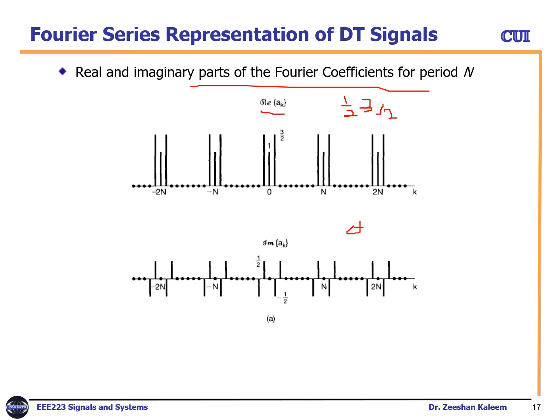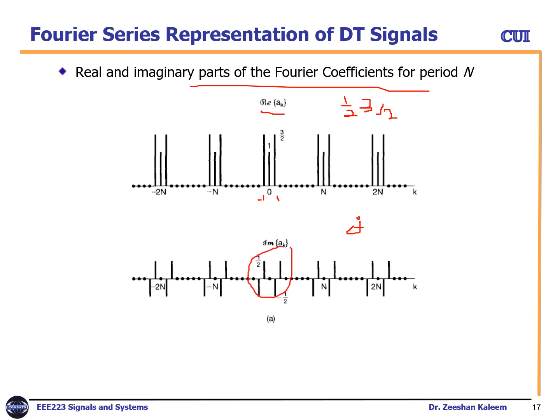So we are independently plotting them for the 0 to N period. We have values at 0, 1, 3 by 2 and minus 1. So 1 and minus 1 are real values, and similarly imaginary values we have in this way.